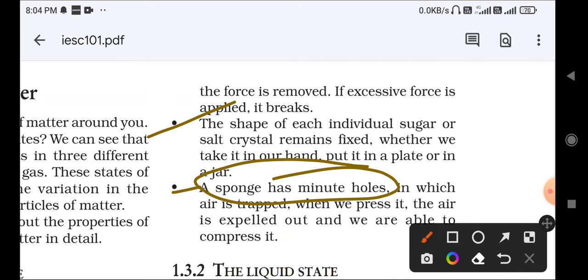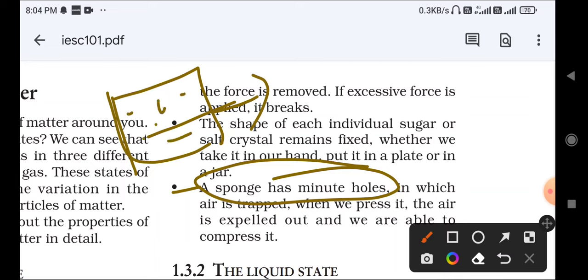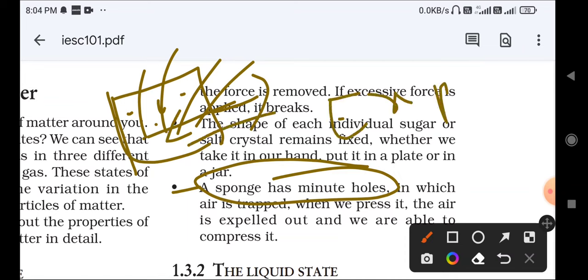Expelled means the air comes outside of the sponge. Due to the air coming out of the sponge, it can be compressed easily. So this is also a solid.